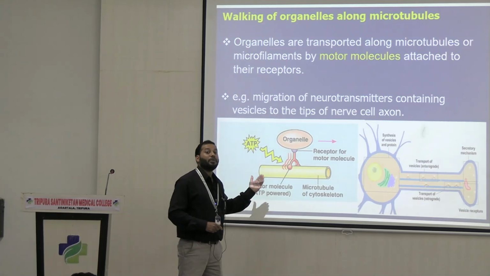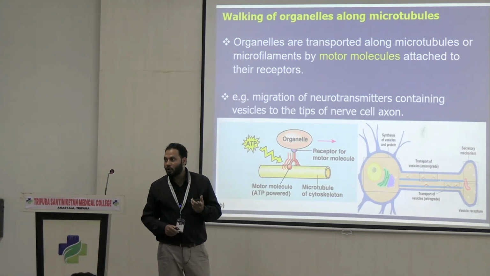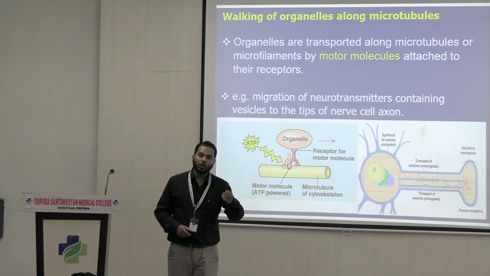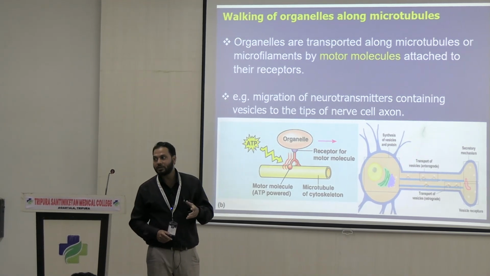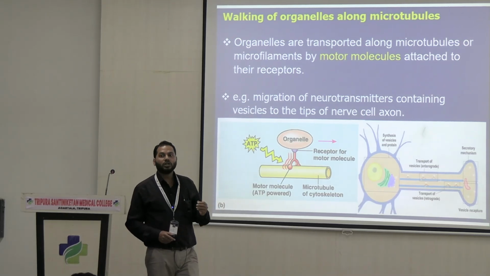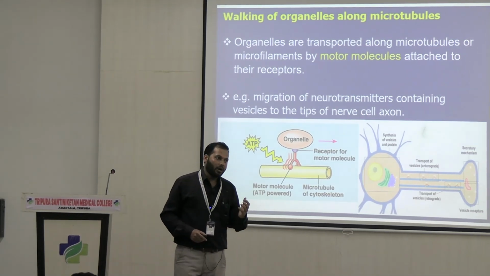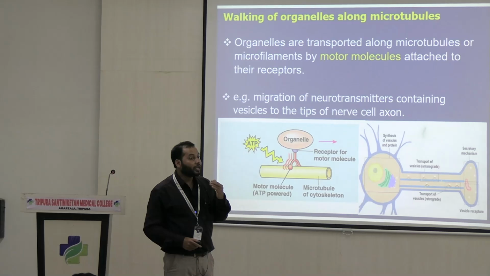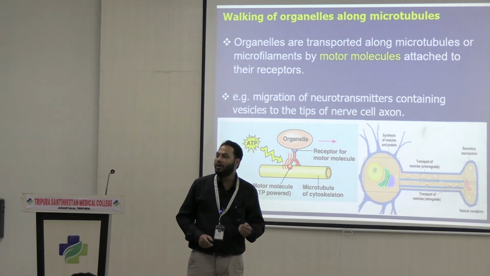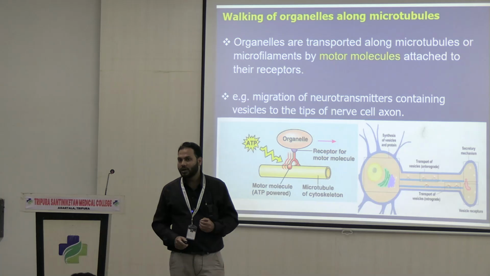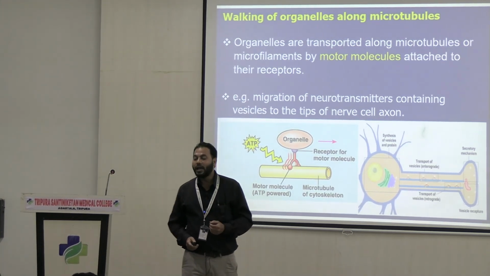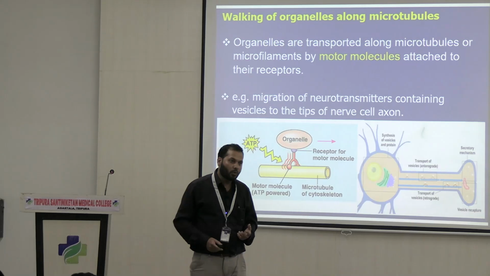So once this cargo binds with these motor proteins, based on the type of motor protein, they work either towards the plus end of the microtubules or the minus end, right? Because different types of molecular motor proteins show different types of transport, like anterograde transport and retrograde transport.